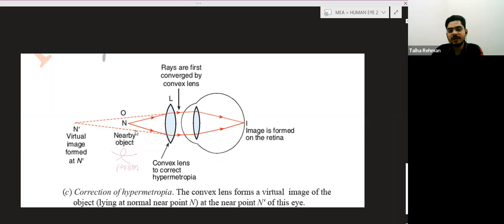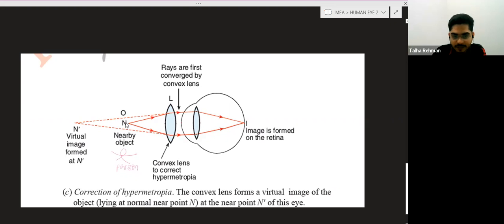Now, if there is no convex lens in between, what will happen? The image will form behind the retina and this eye will not be able to see the object.